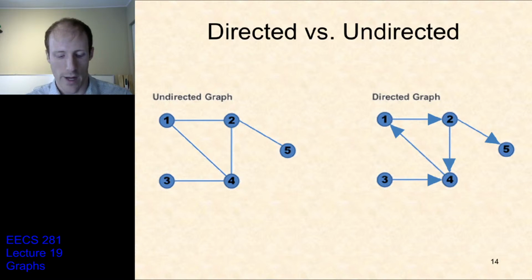For a directed graph, you actually have two notions of whether it's connected. Weakly connected just means that if you took the directed graph and transformed it into an undirected graph, it would be connected. And strongly connected means that in the directed graph itself, there's a path between any pair of vertices.